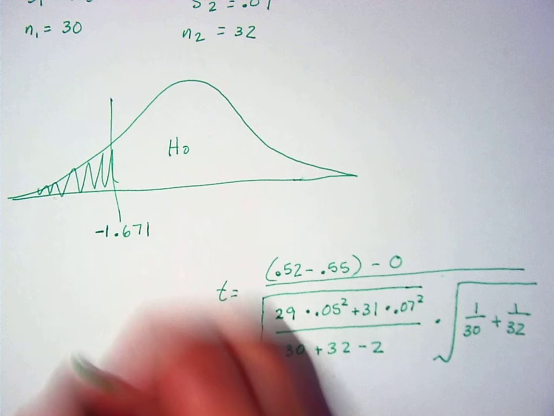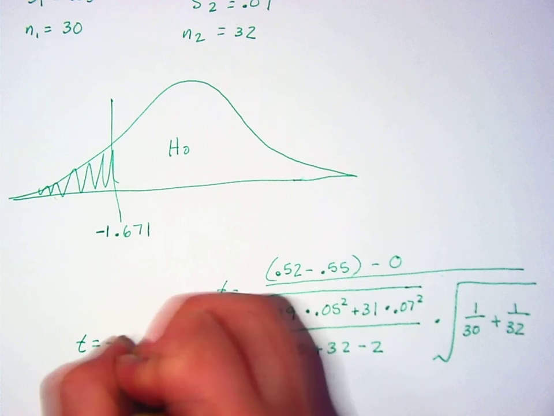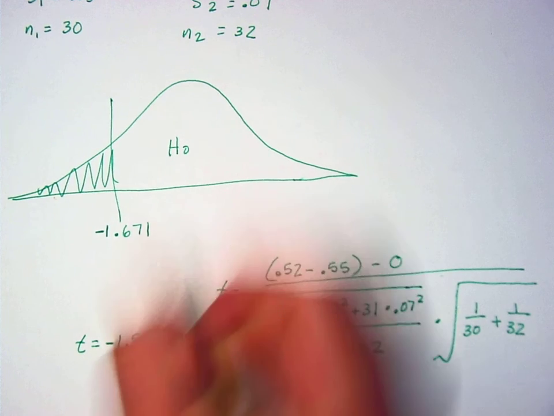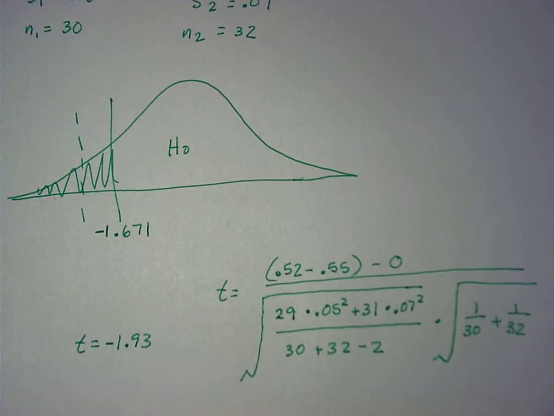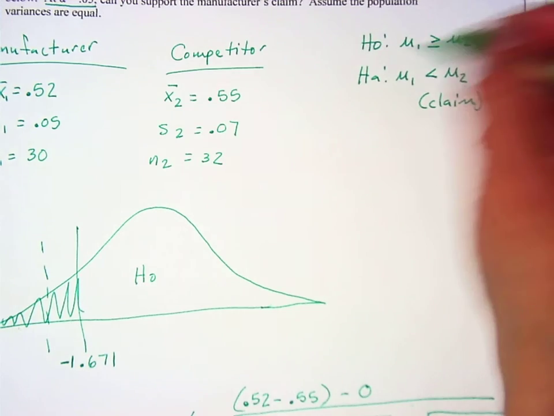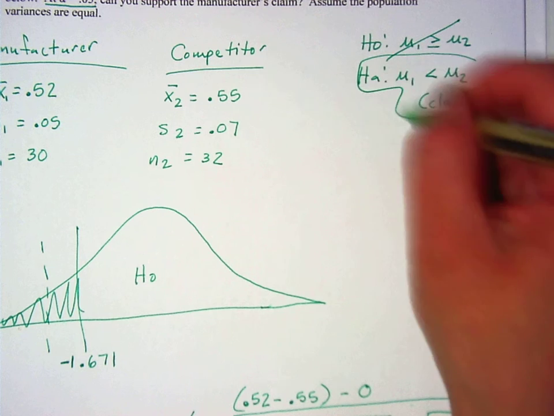But if you do it correctly, you end up with t equals negative 1.93, which hits right about here, which means that we're going to reject the null and accept the claim.